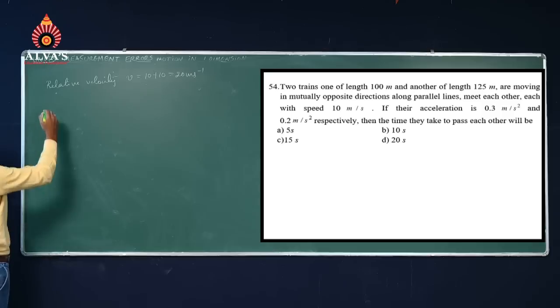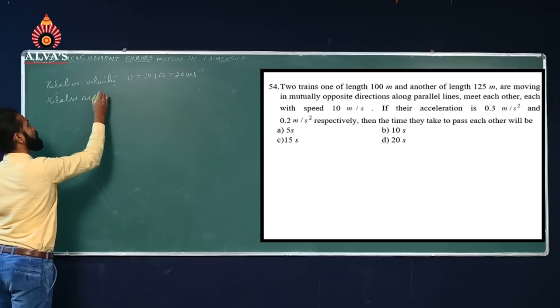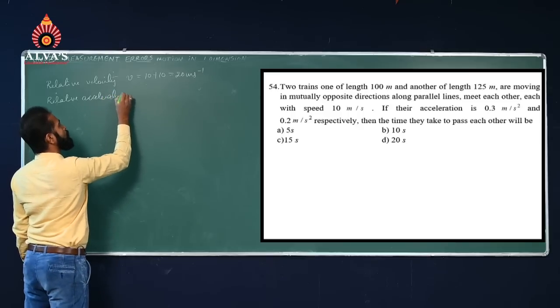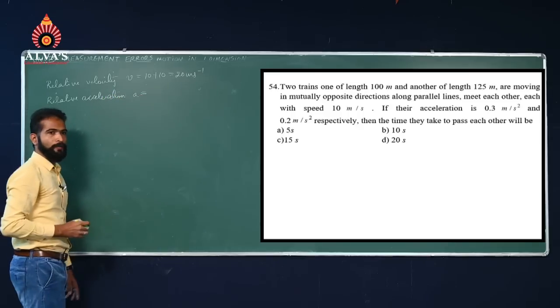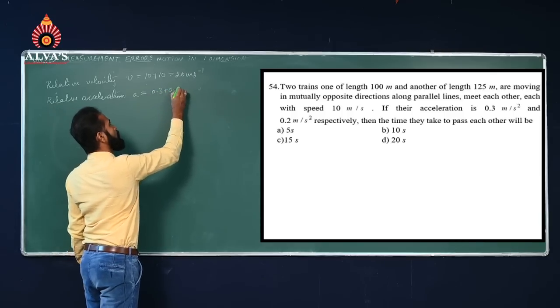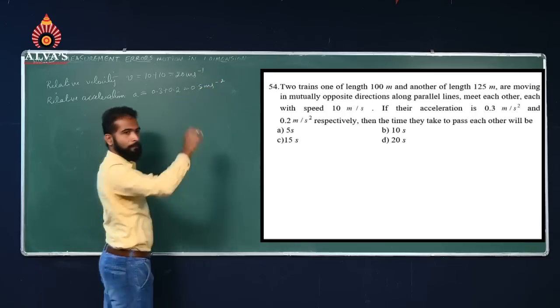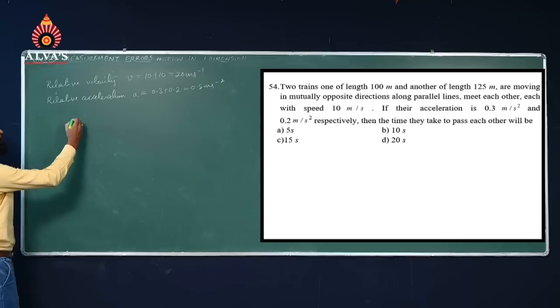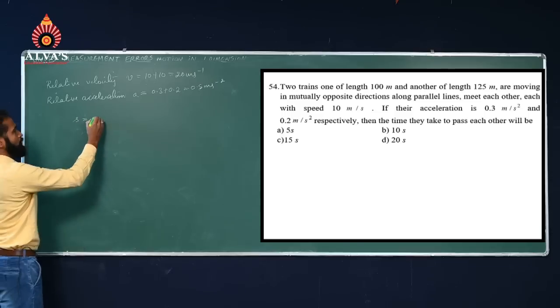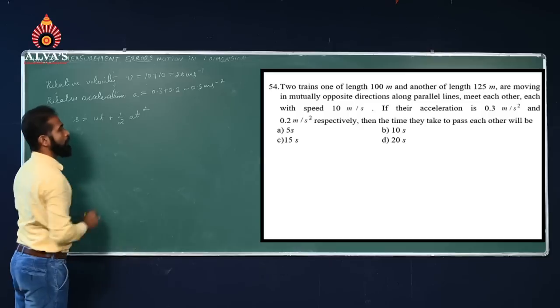Similarly, both are accelerating in opposite directions. So let's calculate the relative acceleration. That will also be the summation of the accelerations of the individual trains, 0.3 plus 0.2, that is 0.5 meter per second square. Now let us use the distance formula, s is equal to ut plus half at square.